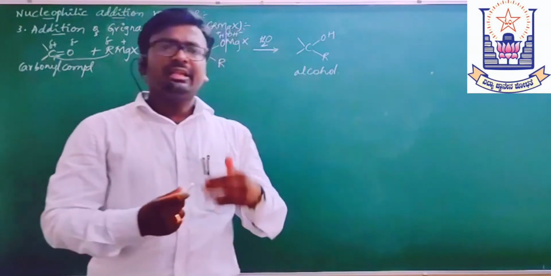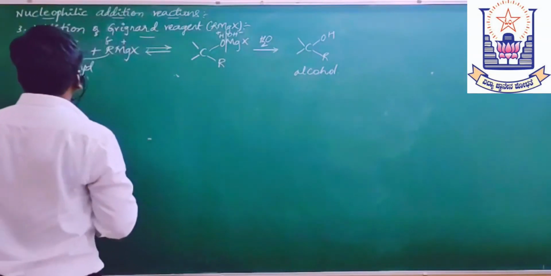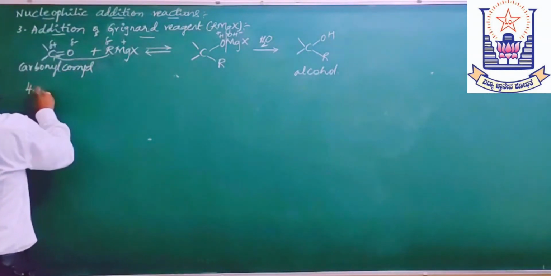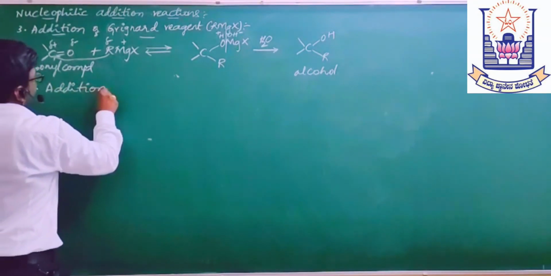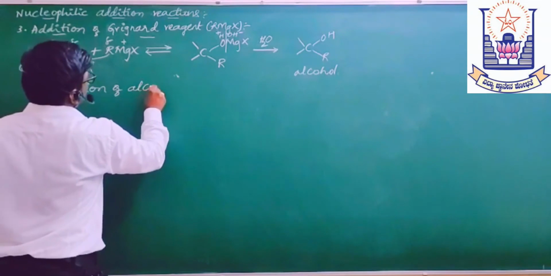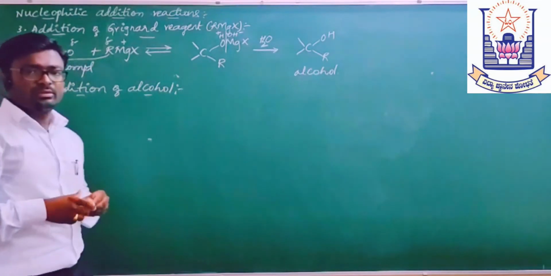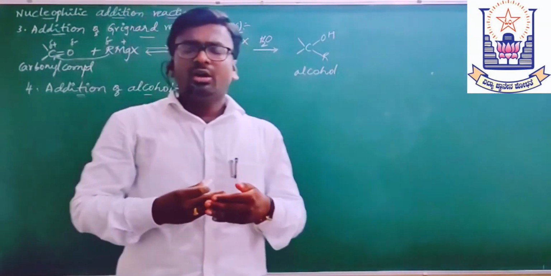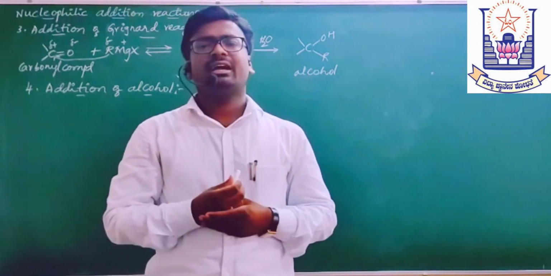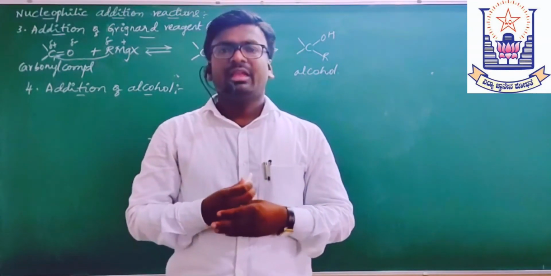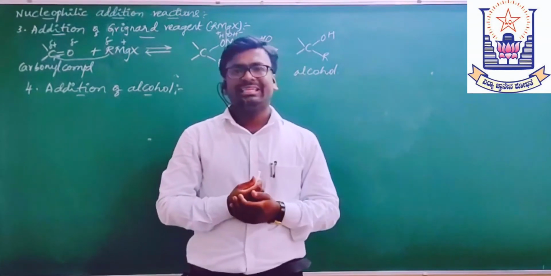Let's go for the fourth type of nucleophilic addition reaction, that is addition of alcohol to the carbonyl compound. When alcohol is added to the aldehyde, you will get acetals. When alcohol is added to ketones, we will get ketals.